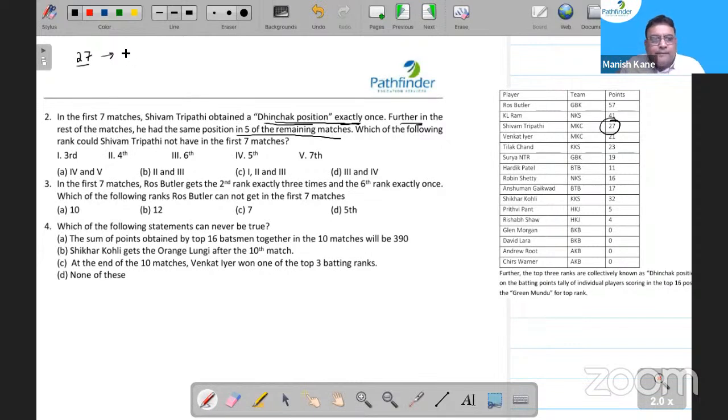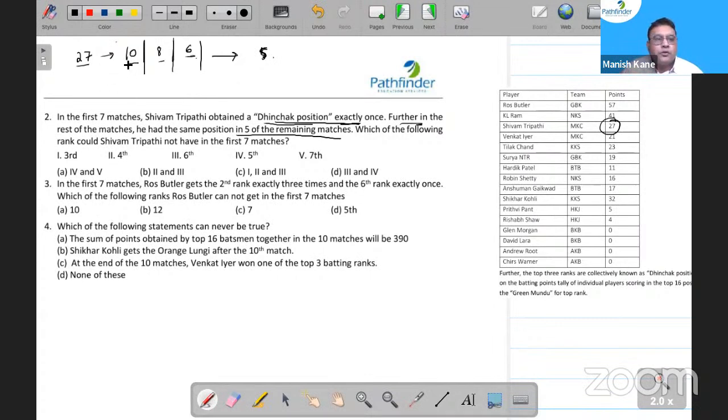What does that mean? Either he gets a score of 10, or a score of 8, or a score of 6, which correspond to rank 1, rank 2, and rank 3. In the first 7 matches, he gets one of these ranks exactly once. And then he had the same position in 5 of the remaining matches. Now, I want to find out which that position could be.